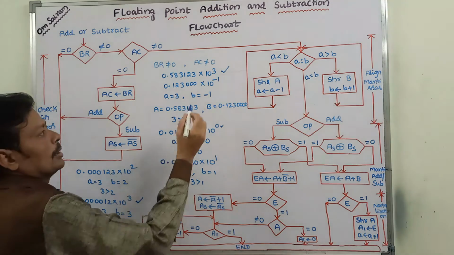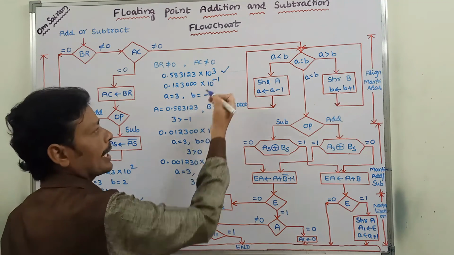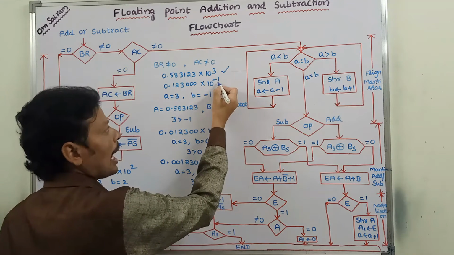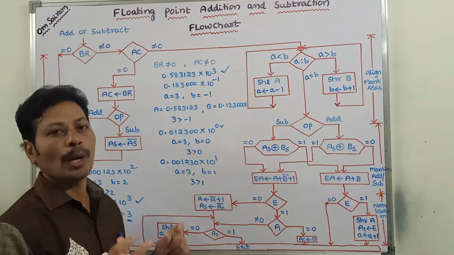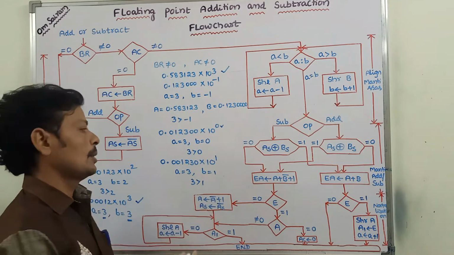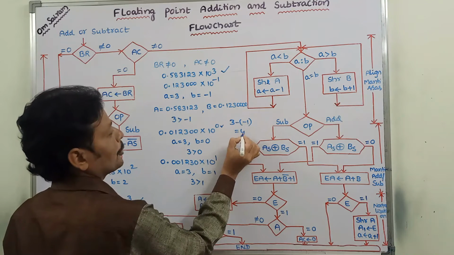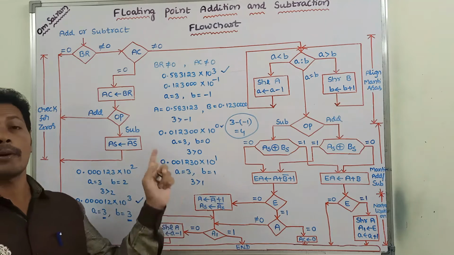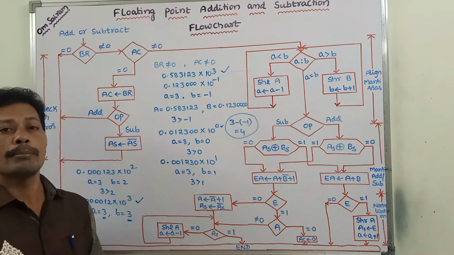That means here the exponent value is 3, but here the exponent value is minus 1. Now minus 1 has to be incremented to 3. What is the difference between them? 3 minus of minus 1, so that is 4. So 4 times we are performing the shift right operation on the mantissa of the second floating point number.